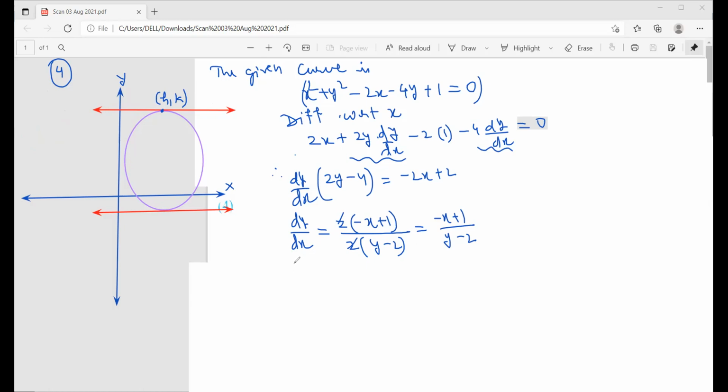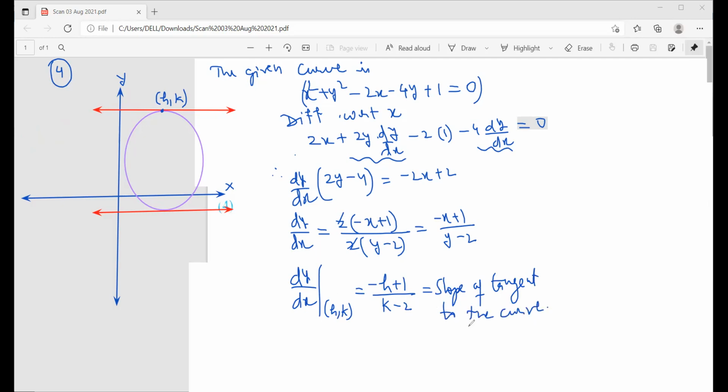Now I write here dy by dx at h comma k, which is minus h plus 1 upon k minus 2, as x is h. What is this? It is the slope of the tangent to the curve.